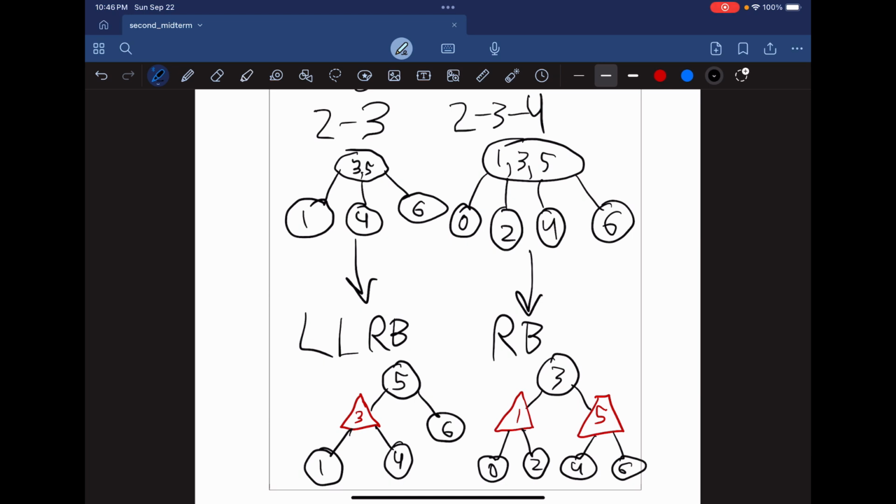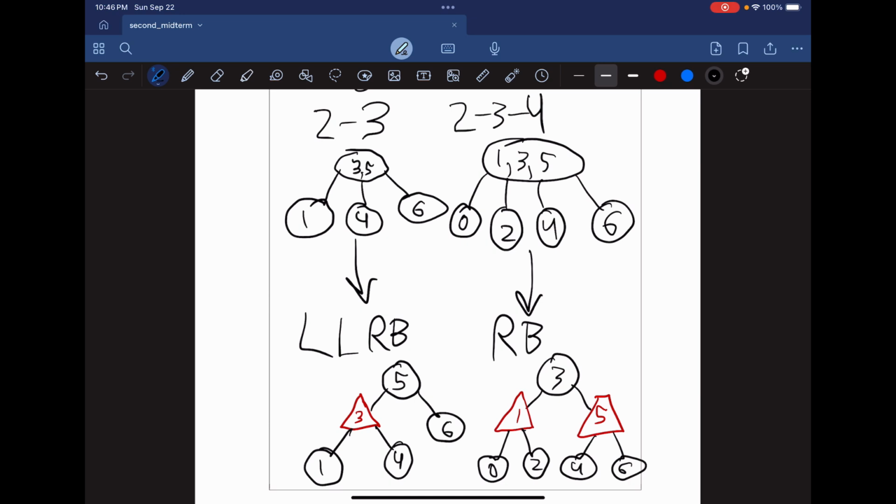The main rules that I'm going to state here are that a red node cannot have another child that is a red node, and that makes sense because we said the red nodes are just kind of showing that they are the side values in a 2-3 or a 2-3-4 node that aren't the main either the middle value or the higher value.